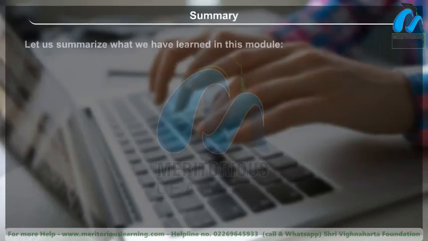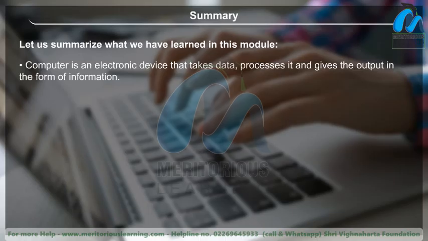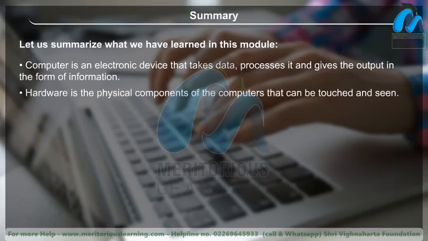Summary. Let us summarize what we have learned in this module. A computer is an electronic device that takes data, processes it, and gives the output in the form of information. Hardware is the physical component of the computer that can be touched and seen.